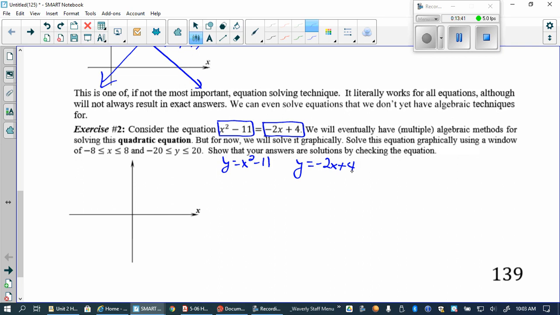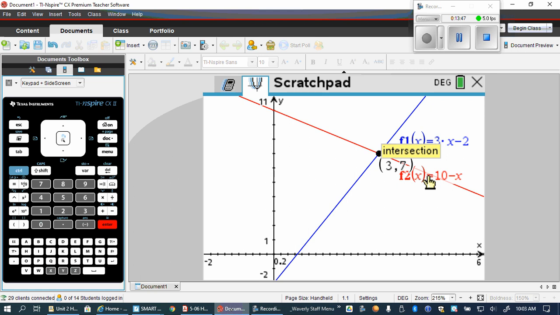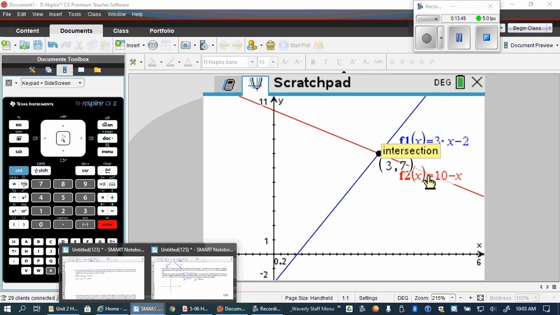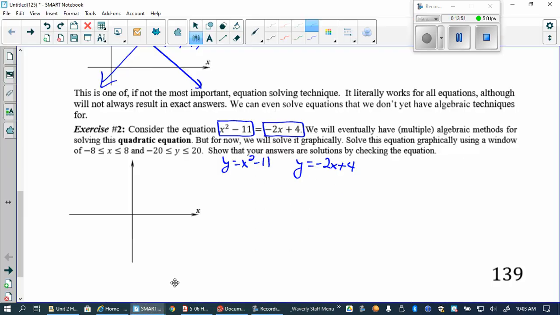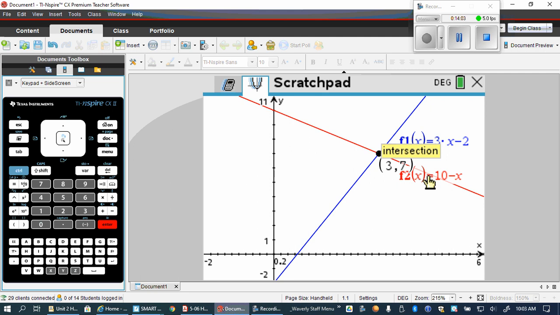So let's graph x squared minus 11. They gave us a window, didn't they? So let's change our window first, from x of negative 8 to 8 and y of negative 20 to 20. First of all, I want to clear all that out of there.